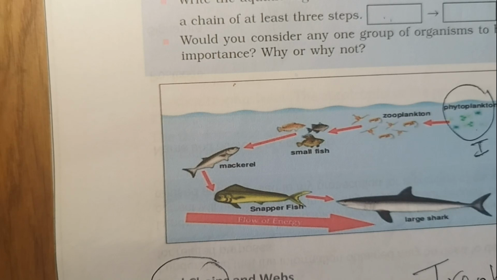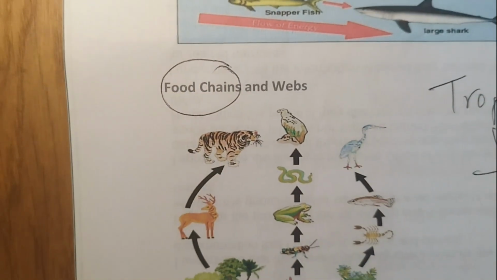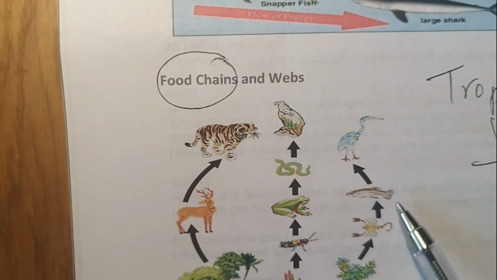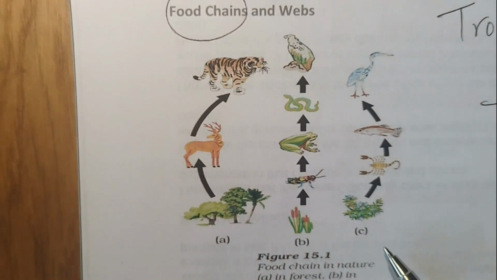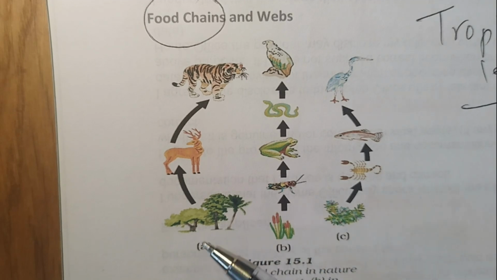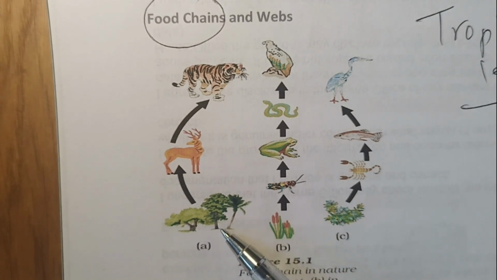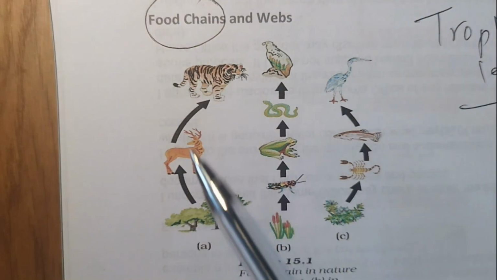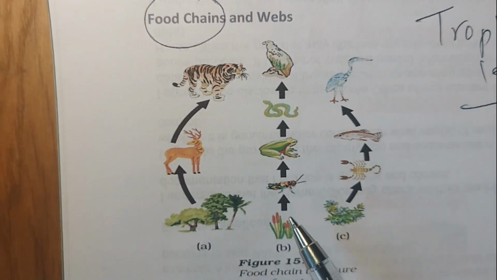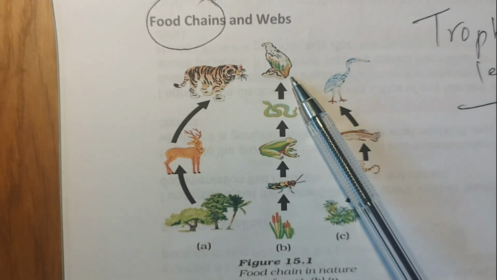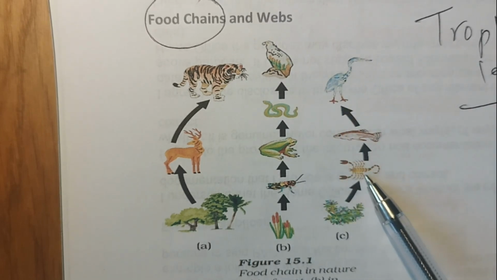The flow of energy between various components of the environment can be explained in a simple way. If you look at this food chain, these are the three food chains. One is from the forest, this is from the grassland, and this one is from the pond.